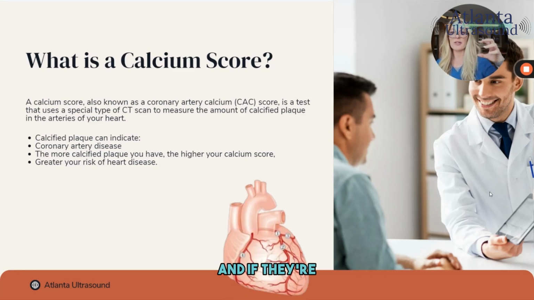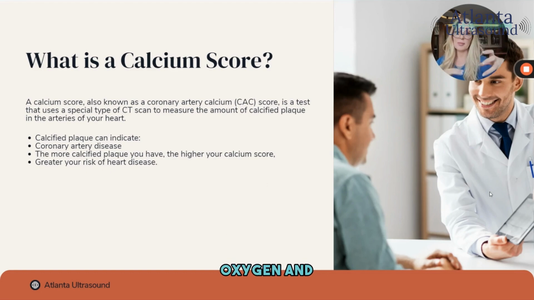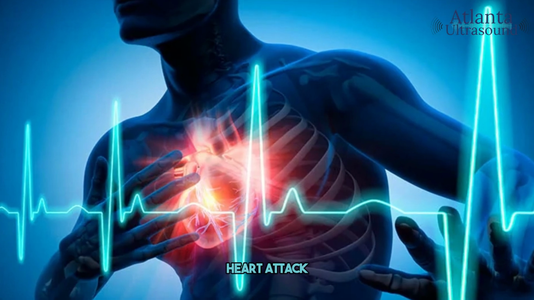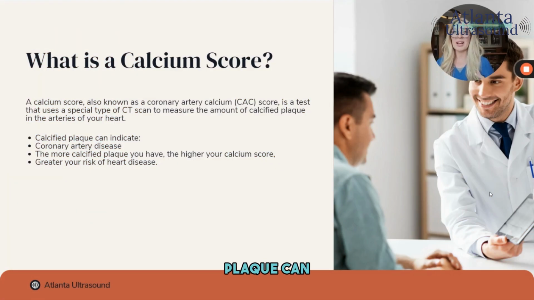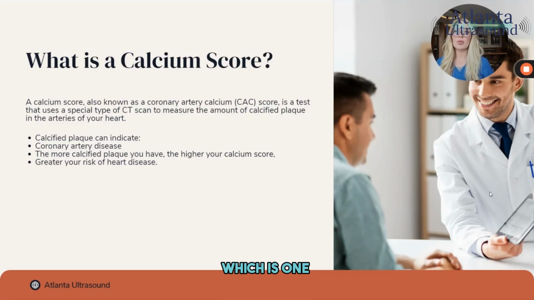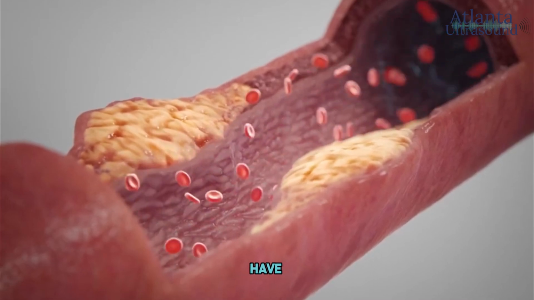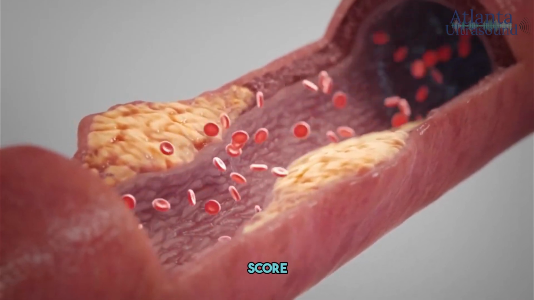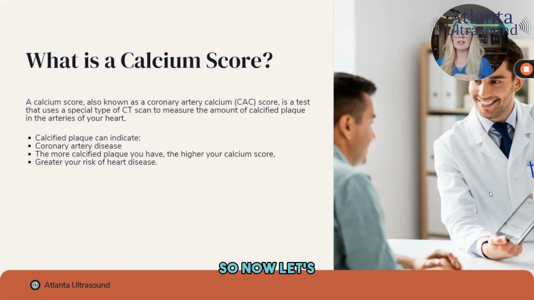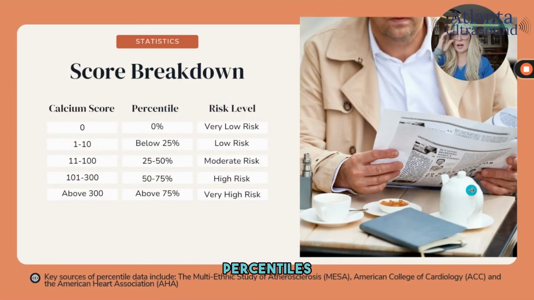They feed the heart, and if they're blocked, oxygen and blood cannot get to the heart muscle and it dies, therefore heart attack. Calcified plaque can indicate coronary artery disease, or CAD, which is one of the leading causes of heart attacks. The more calcified plaque you have, the higher your calcium score and the greater your risk of heart disease. So now let's get into understanding the numbers and percentiles.